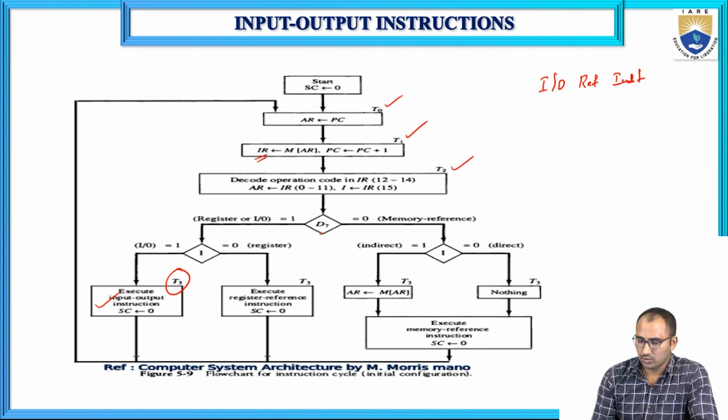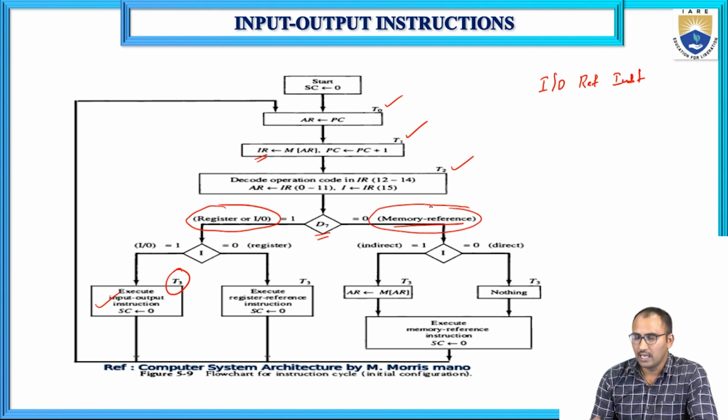So see here, D7. Based on D7, we decide whether that instruction is a memory reference instruction or a register or IO reference instruction. If D7 is equal to 1, that may be a register or IO reference instruction. If D7 is equal to 0, then it is considered a memory reference instruction.